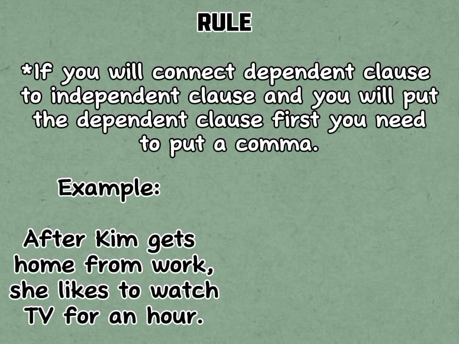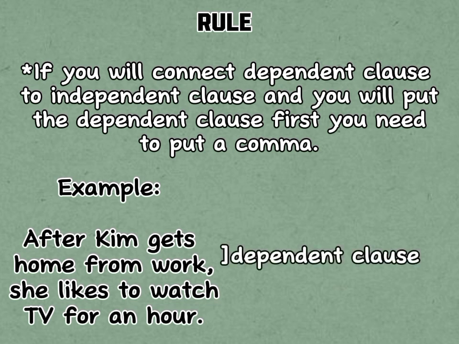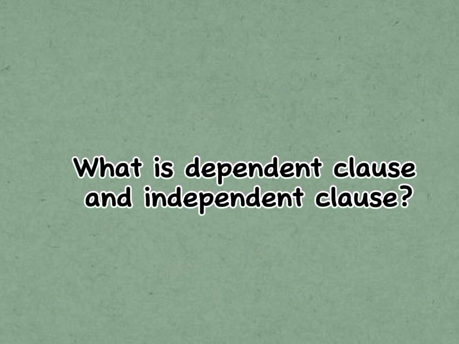Example: After Kim gets home from work, she likes to watch TV for an hour. Our dependent clause here is "after Kim gets home from work." And our independent clause is "she likes to watch TV for an hour." So, what is dependent and independent clause?